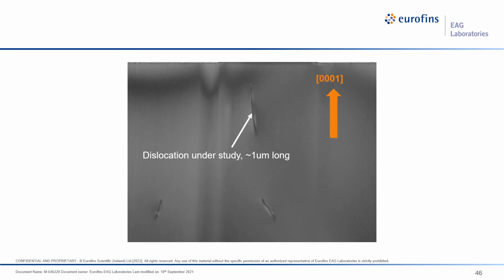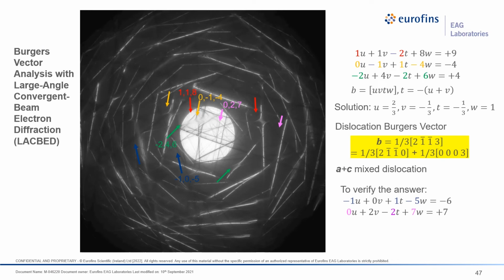really want to know the type of their dislocation, and we have a technique called large angle CBED, a diffraction technique. If you don't understand, ask us. I don't blame you. Basically, we use this diffraction technique to solve exactly the Burgers vector of a single dislocation.